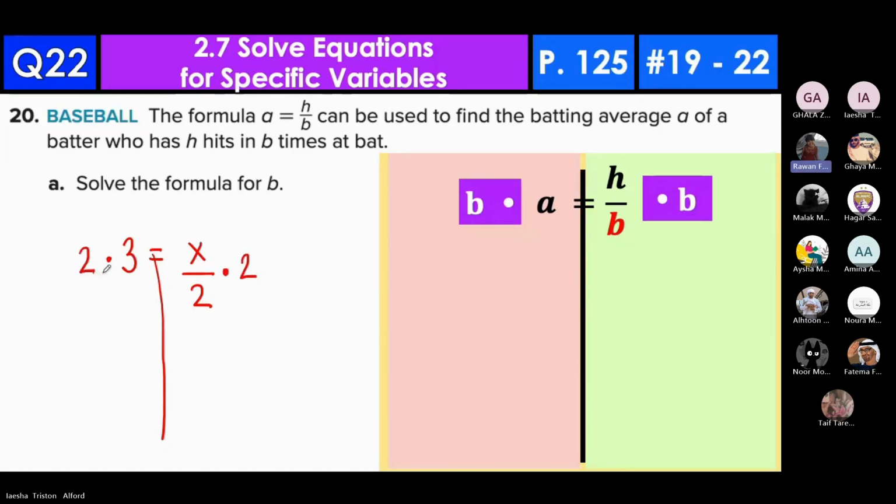The x's bring down. This one is making positive 1. So you have to delete. And the x, you have to keep it down. Then 3 multiplied by 2 gives you positive 6. So this one, you have the b is down. So multiply b both sides. This b is going to make positive 1. So you delete. The h, you put it down. And a times b is a times b.